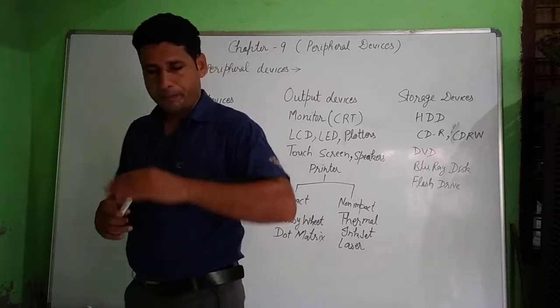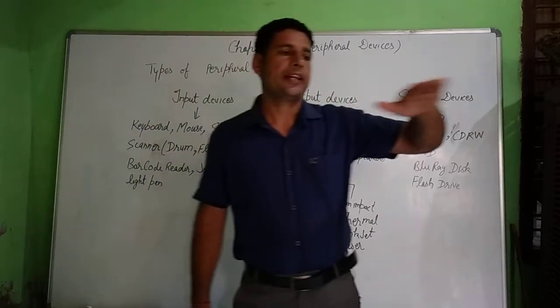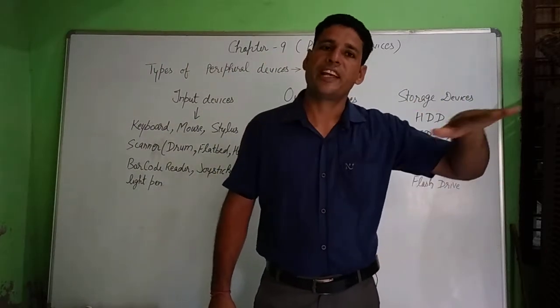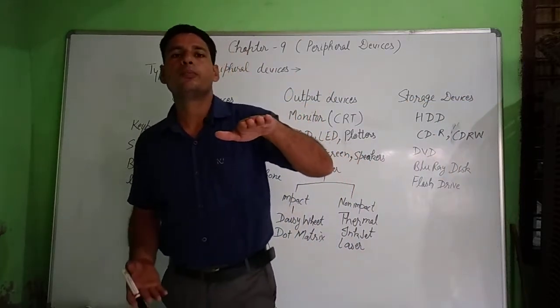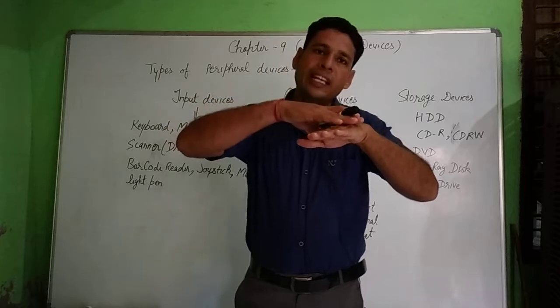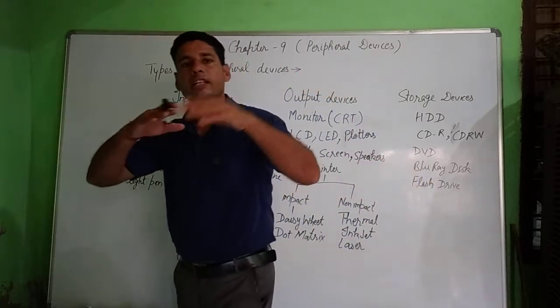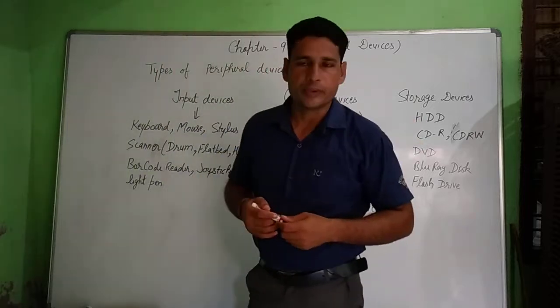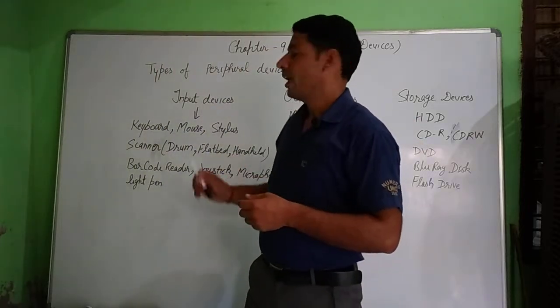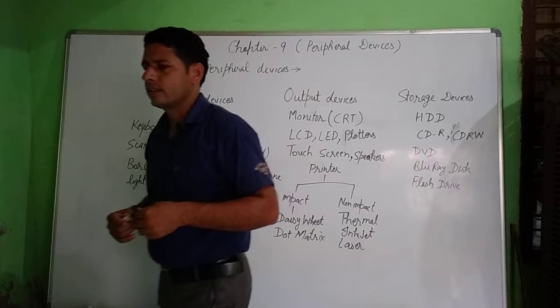Flatbed means there is a flat surface, and on that surface you put your page like this, and then it will be scanned into your computer. Next we have the handheld scanner.